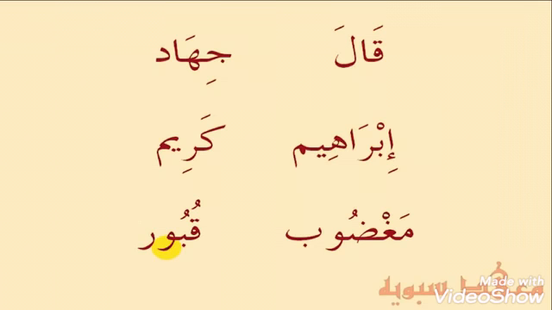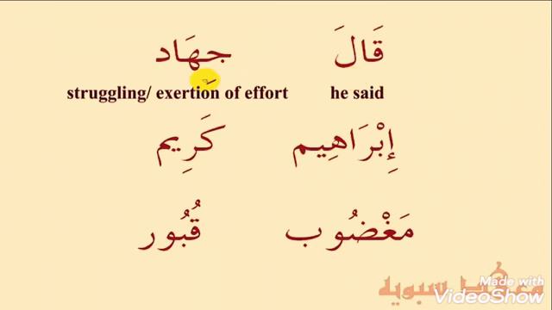Now there is another mad, which is when two hamzas come together. But I actually thought that it would be more appropriate to mention that when we get to the introduction to Arabic grammar. Now, just finally, I want to translate these words. So we have qala means he said. Jihad denotes the action of struggling and exerting effort.